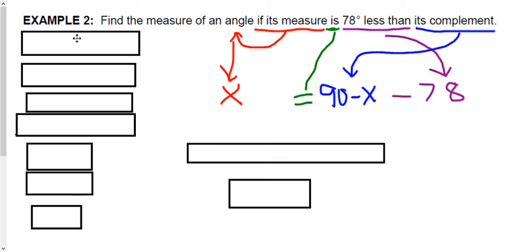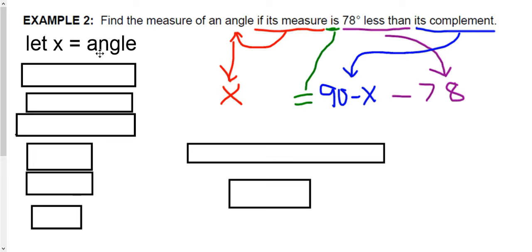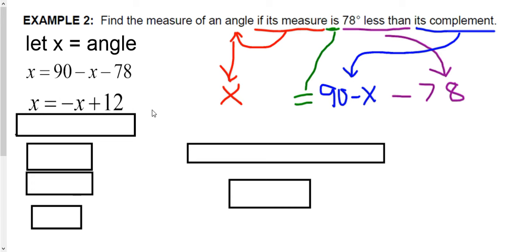Now let's go ahead and solve our equation. We're going to let x equal the angle. Remember again, its complement would be 90 minus x in this equation. So we got x equals 90 minus x. It's 78 less than its complement there. We'll combine like terms. The 90 and the minus 78 make 12. So we have negative x plus 12 equals this x over here.